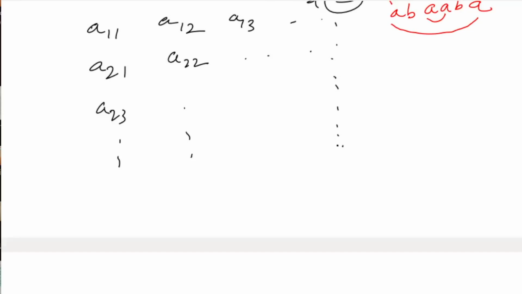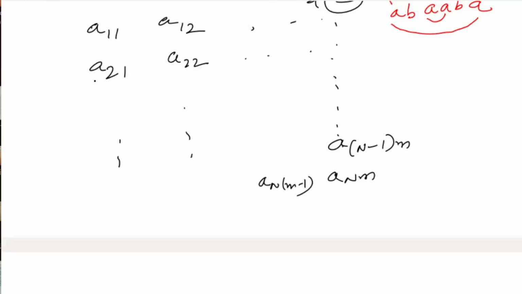Okay, so now let's say you have here A n m, and then you will have A n minus 1 m, and then A n m minus 1. So this is some random matrix.